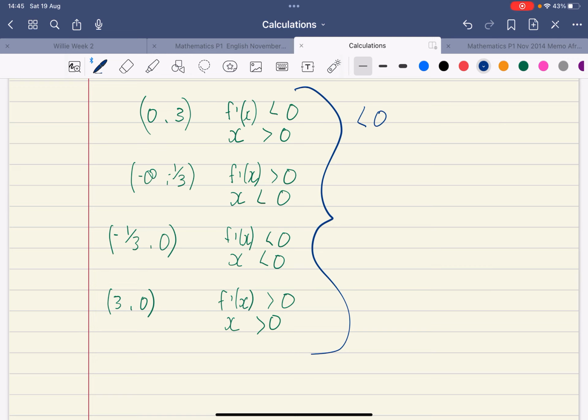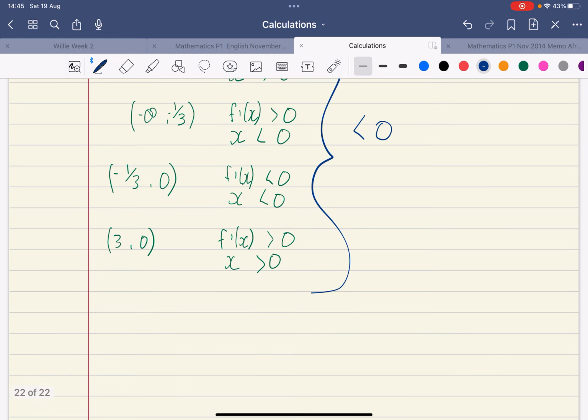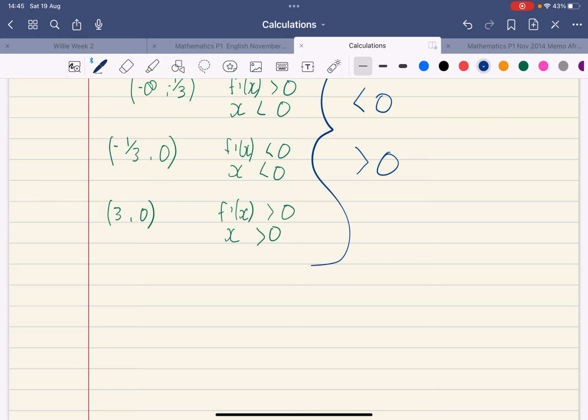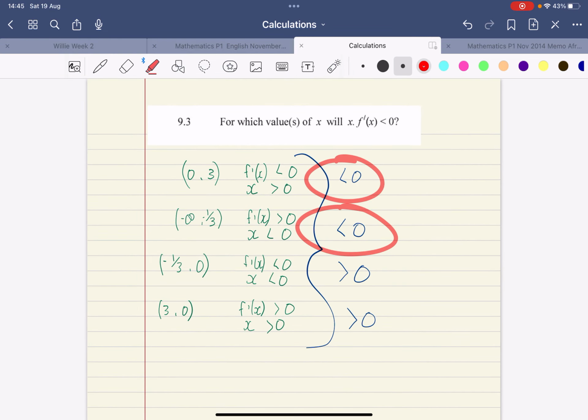When you multiply those, you get smaller than 0, negative. Next one, f dash of x is negative, x is negative. When you multiply those, you'll get positive. And the last one, they're both positive, so positive times positive is positive. So we notice the only ones that give us the desired answer are these two.